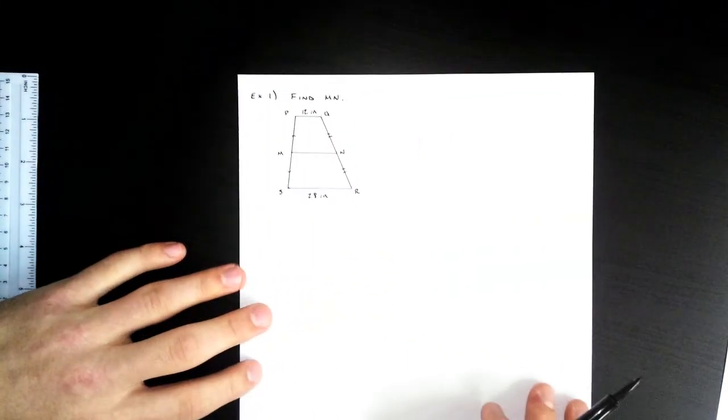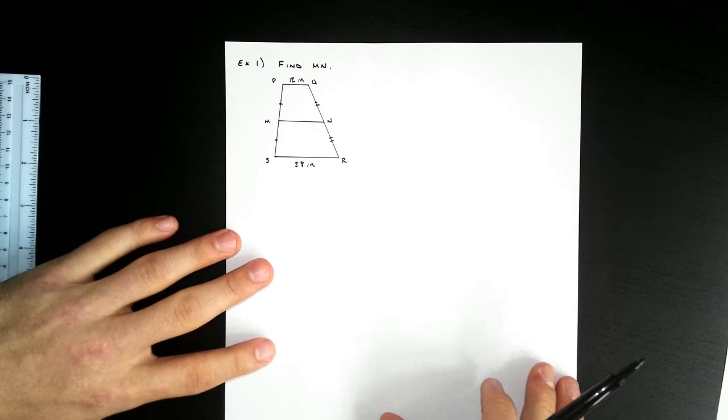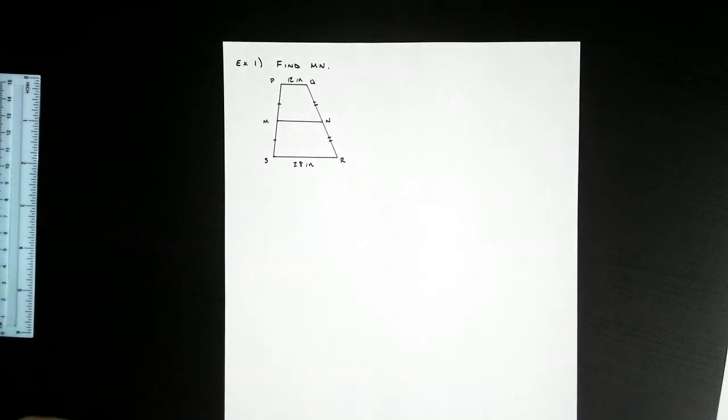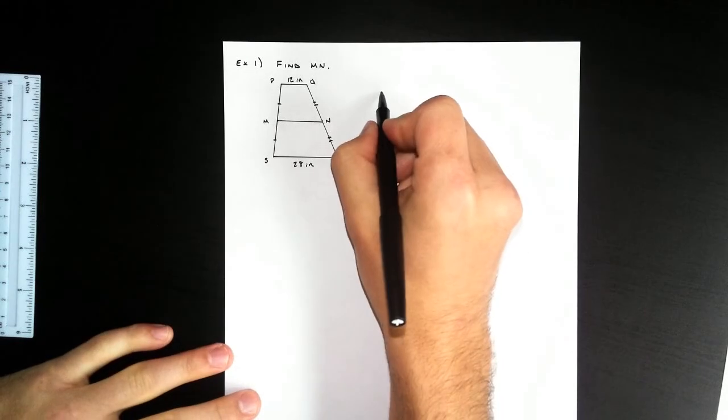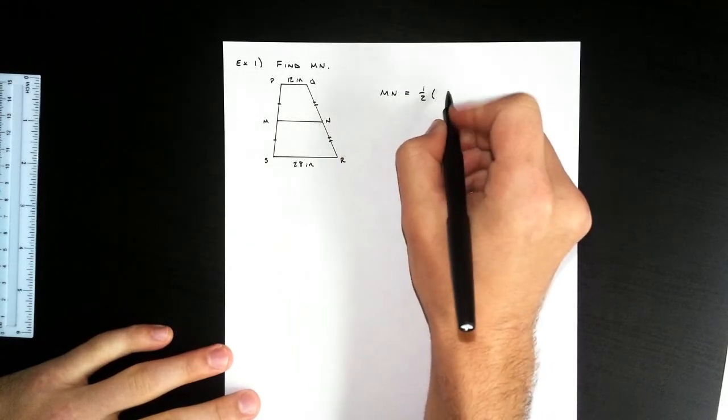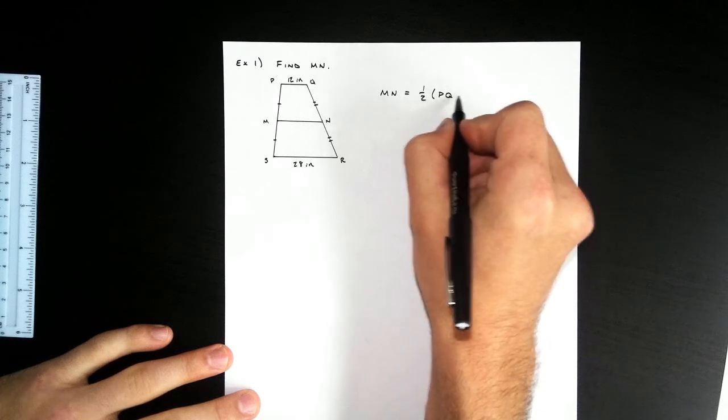And then really quickly, let's put that to use. So I just have a trapezoid. I know the length of the two bases. I want to find the length of the midsegment. So our theorem states that the midsegment is half the sum of the two bases.